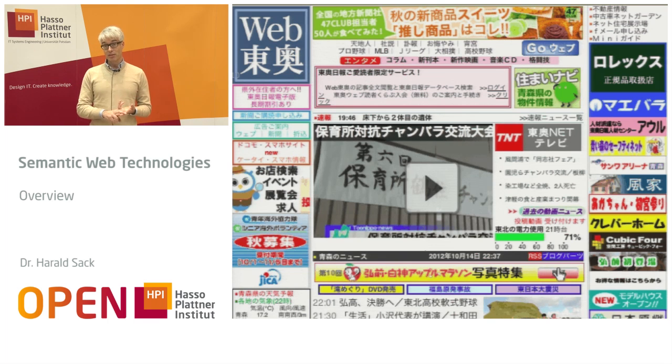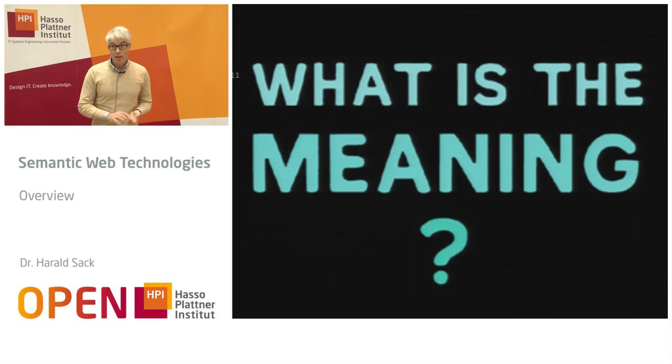And as you can see here, if you're not familiar with the Chinese language, maybe you don't understand anything. And it's the same for the computer. If the computer sees the information on the web, it has problems making sense of it, and we have problems finding something. So one of the main problems is, what is the meaning of the information on the web? And this is one of the central questions of the entire lecture.